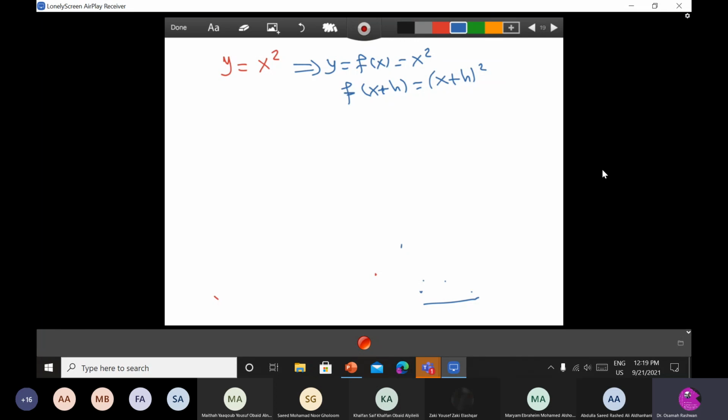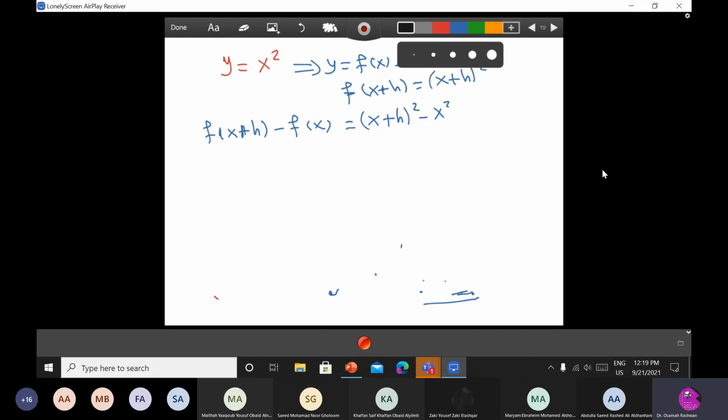Now I just subtract: f of x plus h minus f of x equals x plus h squared minus x square. Can we expand this one? Do you know how to expand this one?